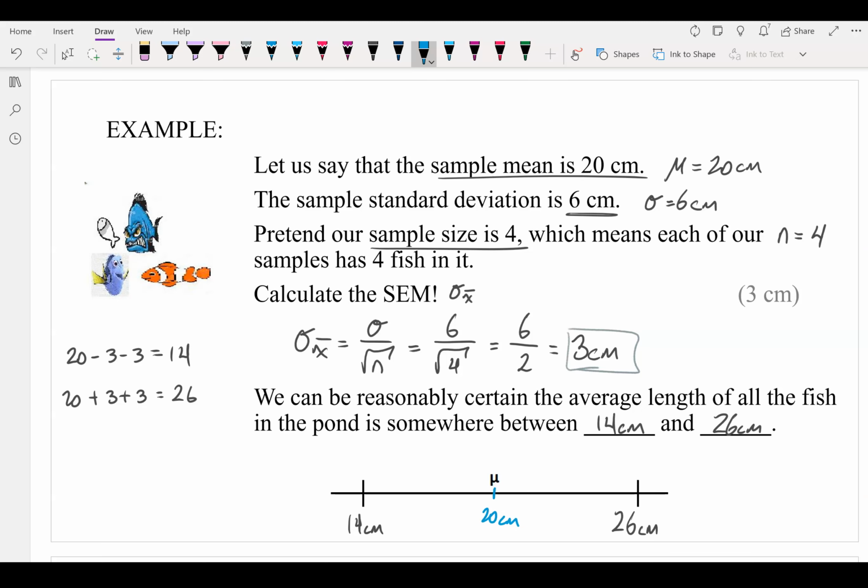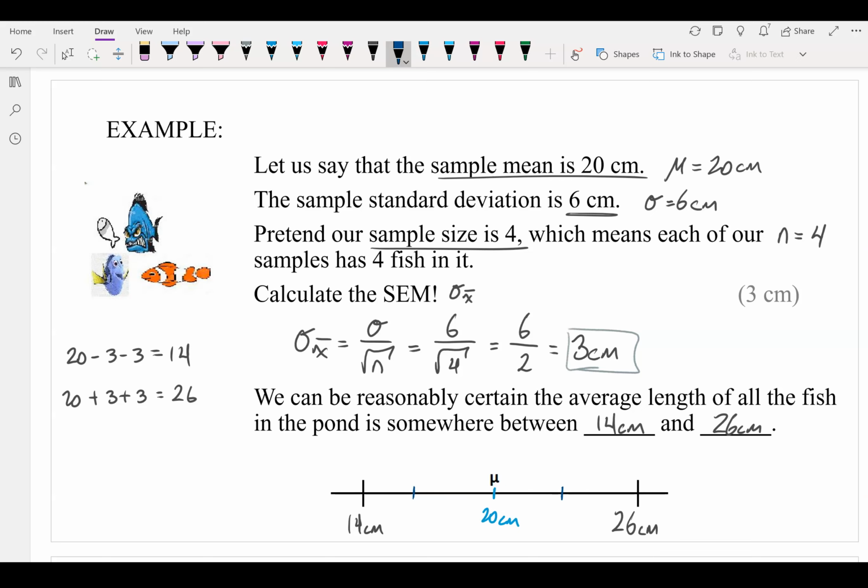So once again, let me give you the big picture. We don't know the population mean. We can't get the length of every single fish in this pond. It's just not practical. But if we take enough samples, and the samples are representative enough of the overall population, we can make a really good argument for what kinds of fish live in this pond. We know that the 20 in the middle is the mean.